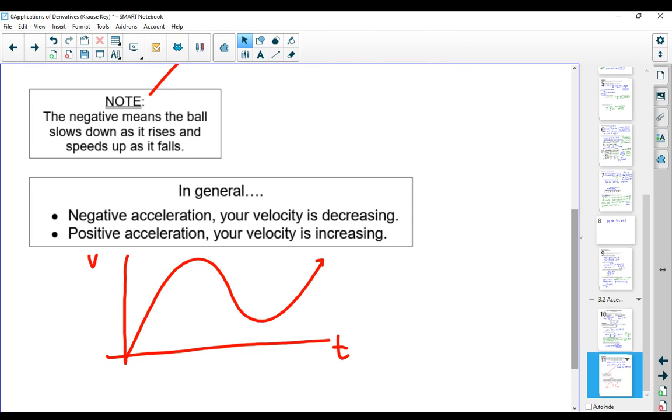Remember that I'm trying to do instantaneous acceleration. That's going to be a tangent line. Well, if I draw a tangent line right there at that point, my acceleration is negative, but my velocity is also going down. So my velocity is decreasing. And if I were to do a tangent right here, my acceleration would be positive and my velocity is actually increasing. So that's just a general rule that we can use.